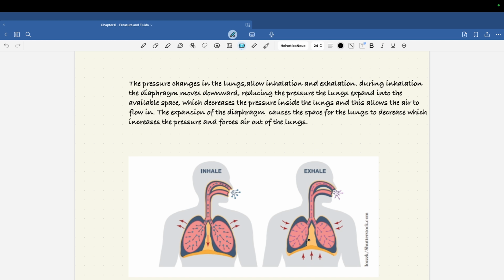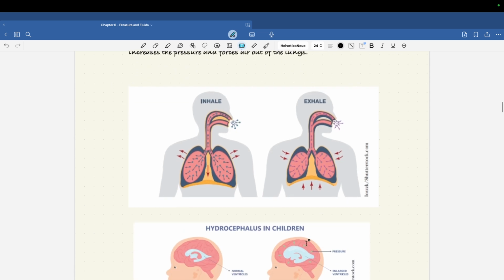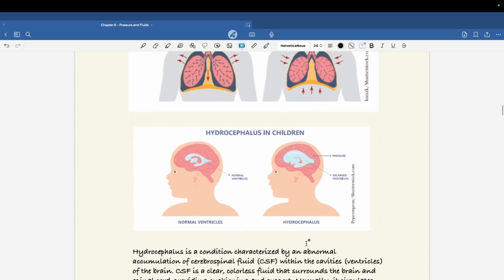During exhalation, the diaphragm comes back up, so there is less space for the lungs, and that increases the pressure, forcing the air out of the lungs. This is just another importance of how changes in pressure affect the human body.